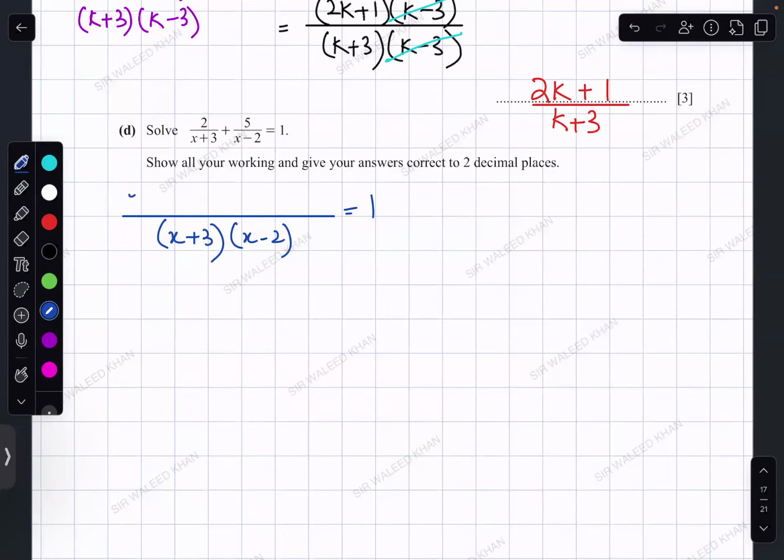Now this is 2 times x minus 2 plus 5 times x plus 3. Now let's solve both the numerators and denominator, because we have to find the solution of it. Had it been an expression, I could have left it like this. But we are dealing with an equation.